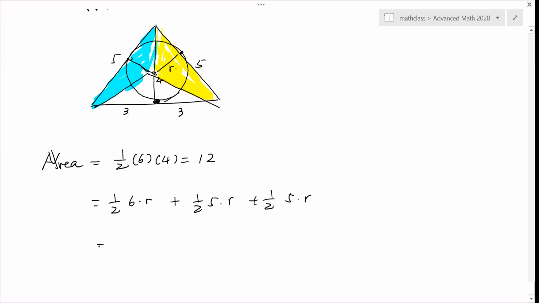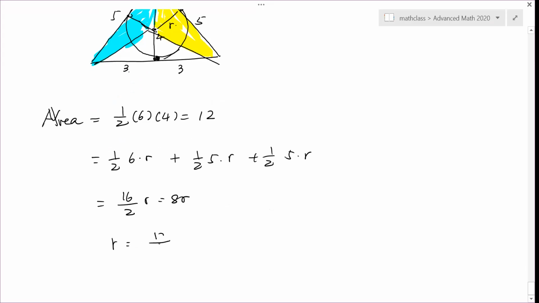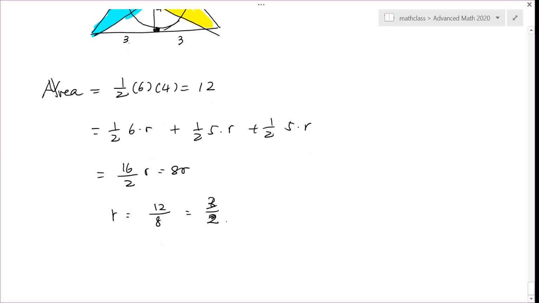If I add them together, it's 8r. So r is going to be 12 over 8, which is 3 over 2. So that is one way to do it.